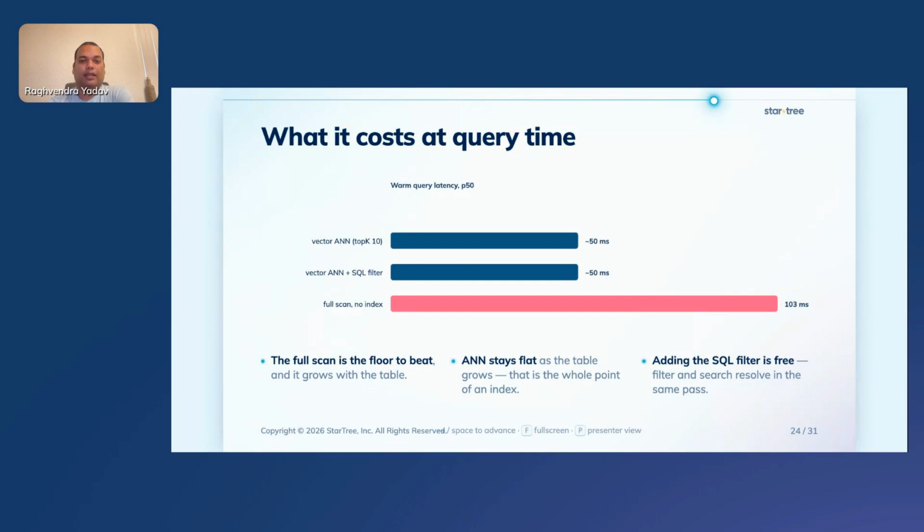A full scan takes almost 103 milliseconds, versus when you do vector index plus SQL filter, which is 50 milliseconds, twice as fast as doing the full scan. And this is directly from the object store. So you can see that adding a SQL filter can be parallelized, and it's not adding too much cost.